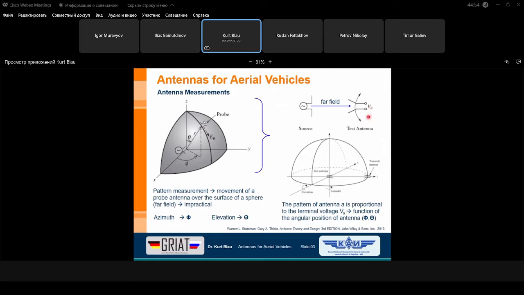This is our pattern, what we want to know. If we turn the antenna here in the plane, this is the phi angle plane, this is the azimuth. And if we turn the antenna in this direction in the plane of the z-axis, then we speak about elevation.